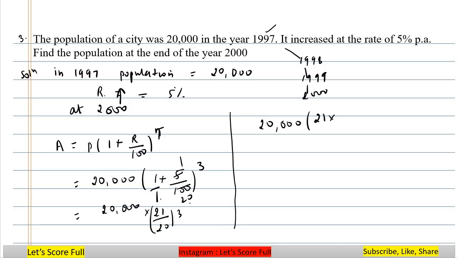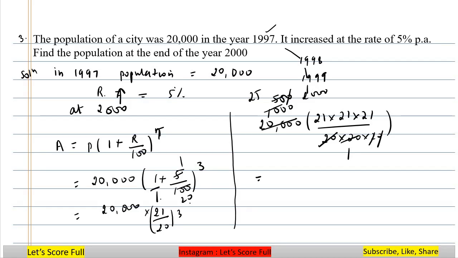I can write 21 three times because it is a cube, and then write 20 again three times. After cutting and multiplying all the things, we get 23152.5. This is the population in the year 2000.